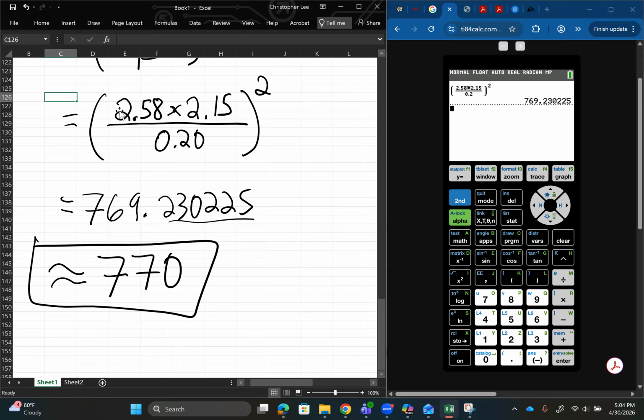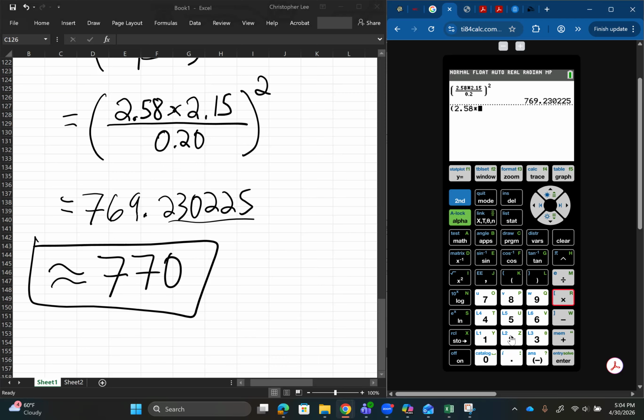All right, so Carmen, for you, open parentheses, and then you want to do 2.58 times 2.15 divided by 0.2, close parentheses. Then you want to raise it, touch the little caret here, to the second power, then enter.